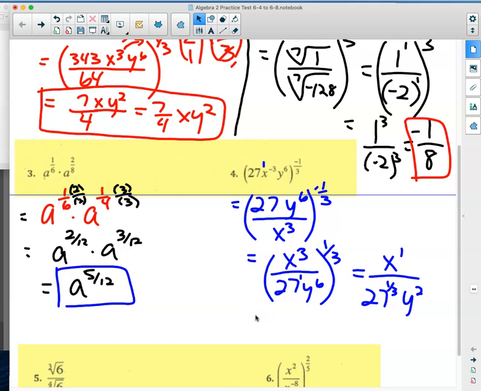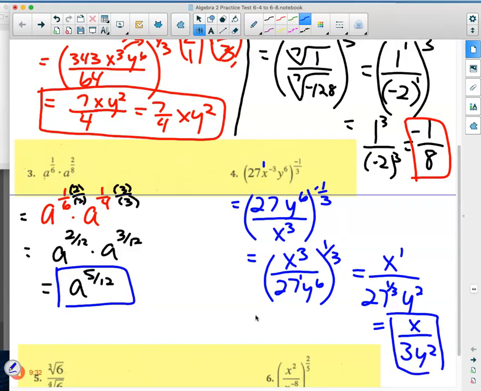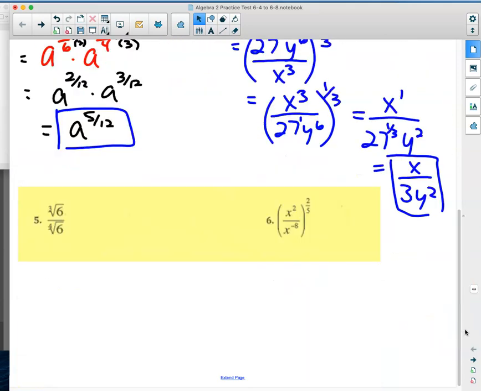So the cubed root of 27 is a 3, and we have x to the 1st, or just x, we don't need the first piece there, over 3y squared. And there it is. So we've got a mix and mash of different powers, radicals to work with, because remember, fraction powers are another way to write radicals.